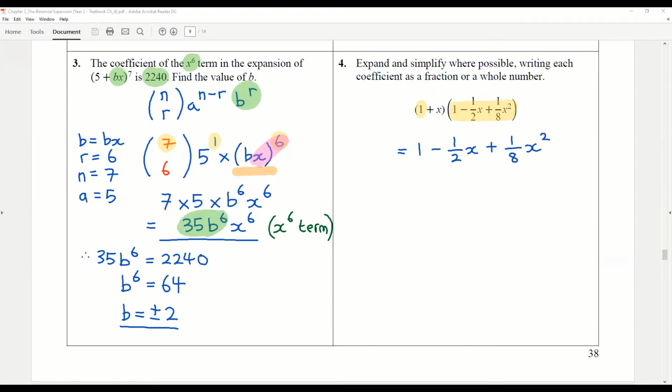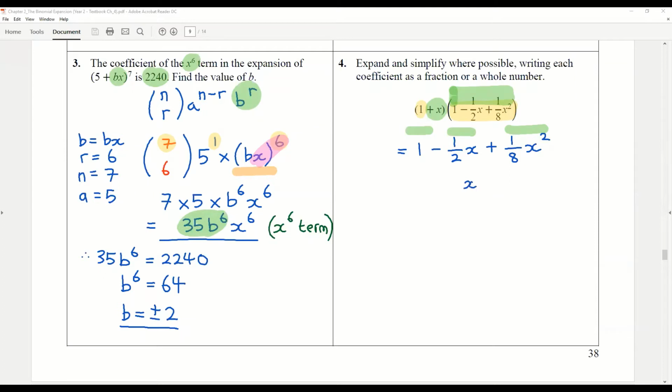And now I'm going to multiply everything by positive x. So all this again is going to be multiplied by positive x. Now, as you can see, I've created some columns here. So this is my x column, this is my x squared column, this is my constant column. So let's do that. So x times 1 is, of course, x.